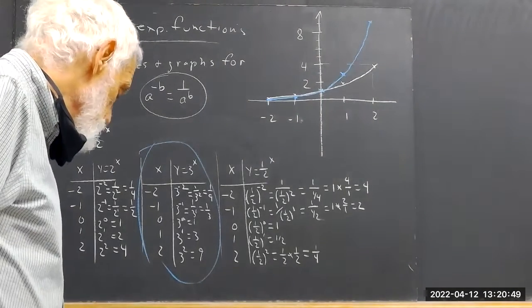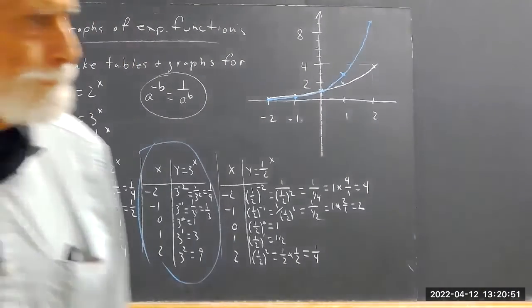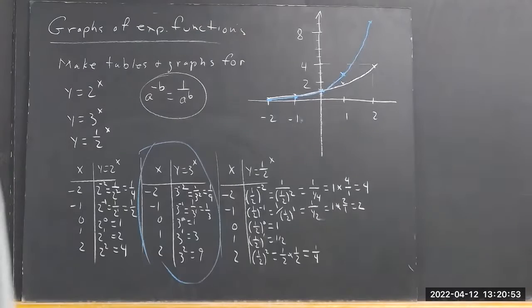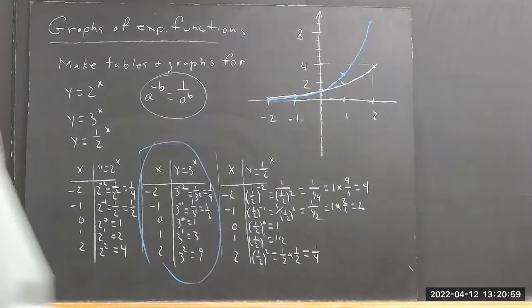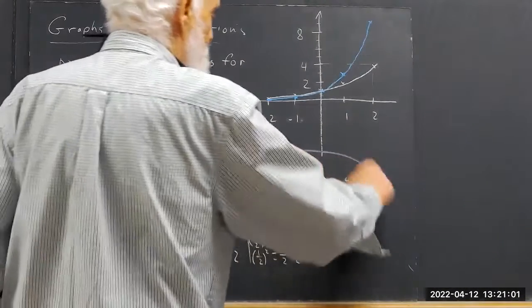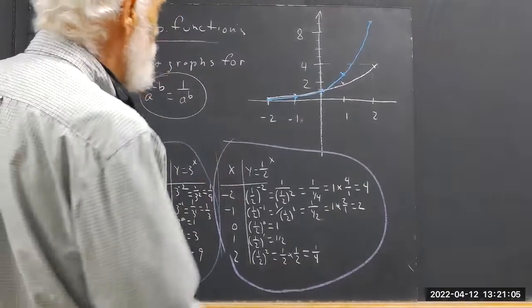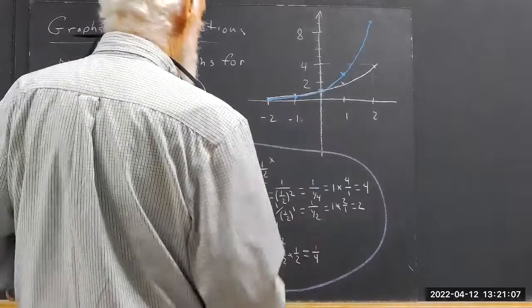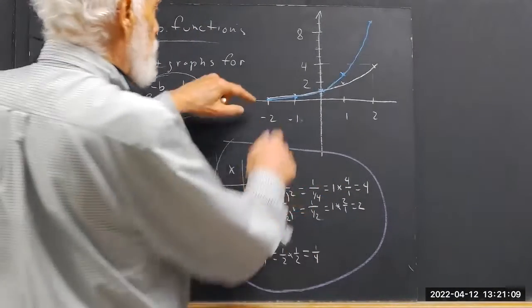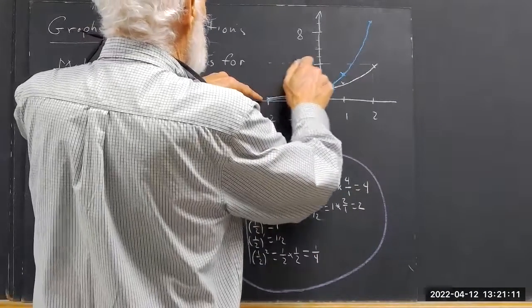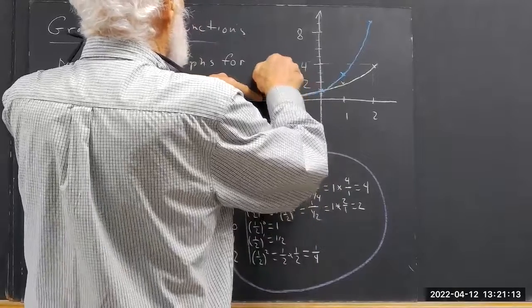There's a gremlin that must be eating my pretty colored chalk. But okay, so I'll put a purple circle around this to indicate that that's going to correspond to the purple graph. And at -2, I'm going to get 4. So here's a point.